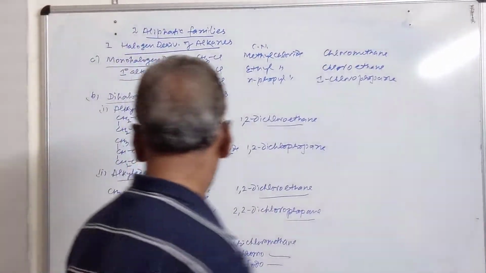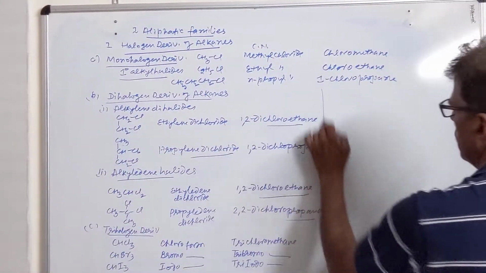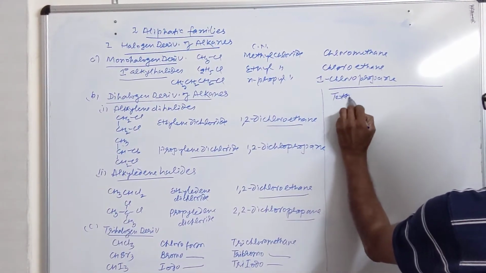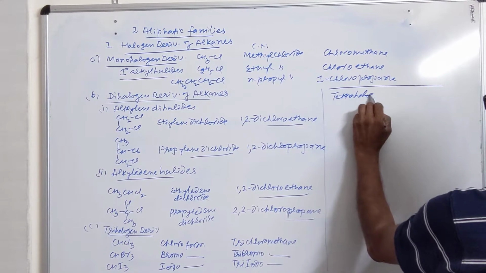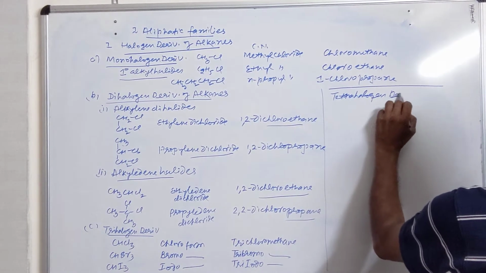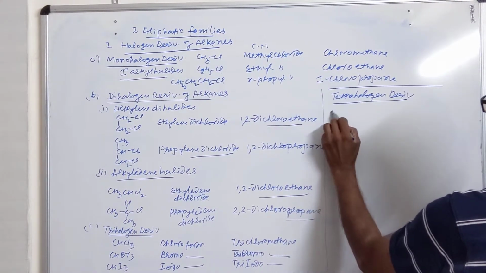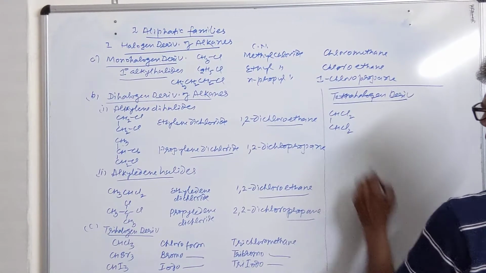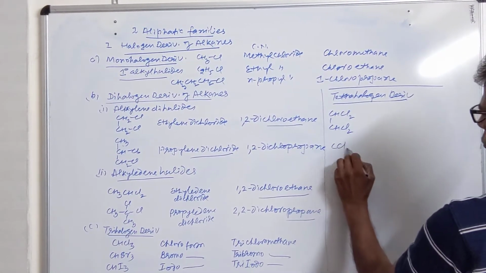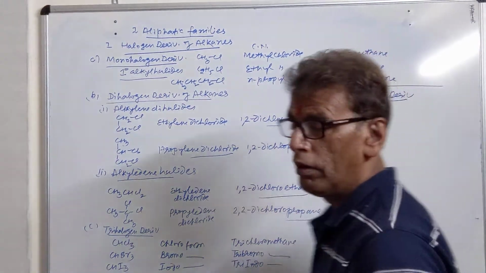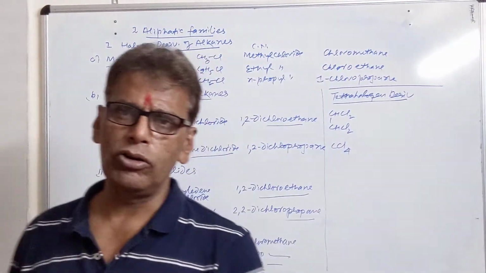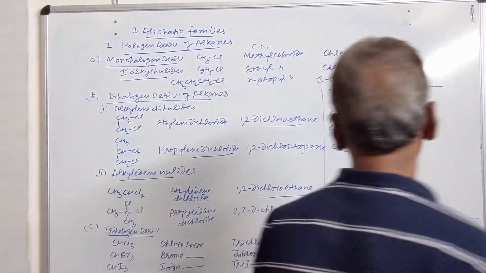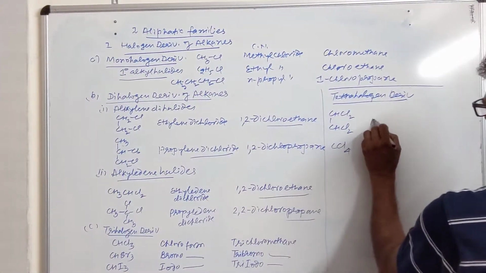Then we have tetrahalogen derivatives. This is a tetrahalogen derivative, this is also tetrahalogen. The first compound is thought to be a derivative of acetylene, that's why its common name is acetylene tetrachloride.